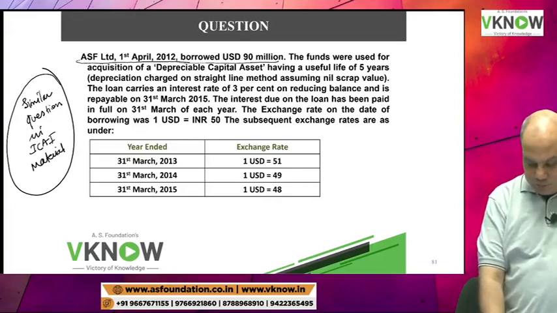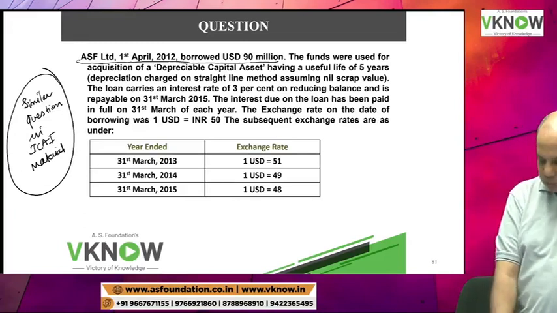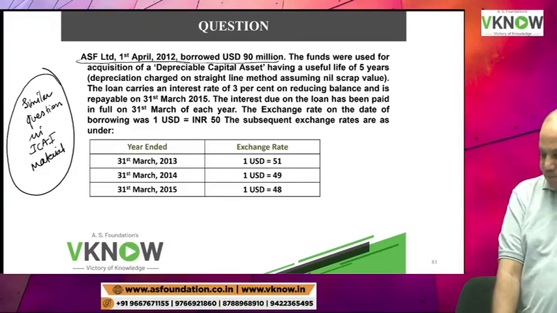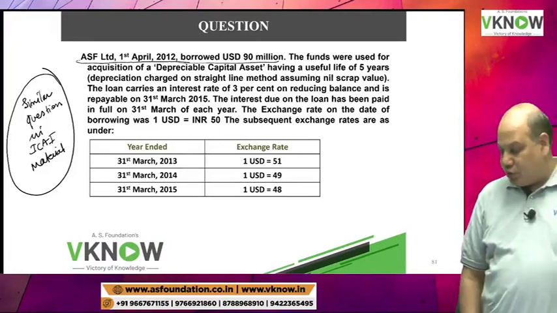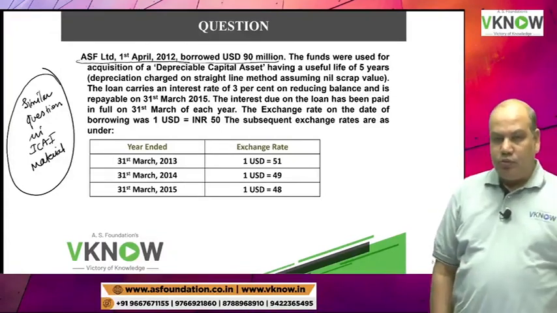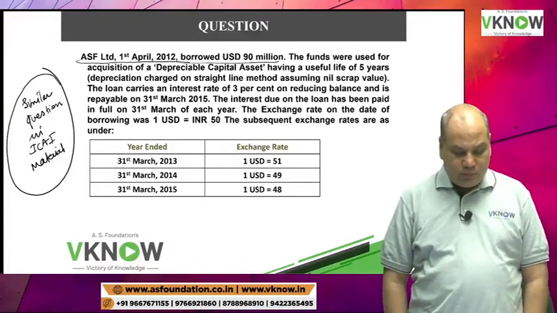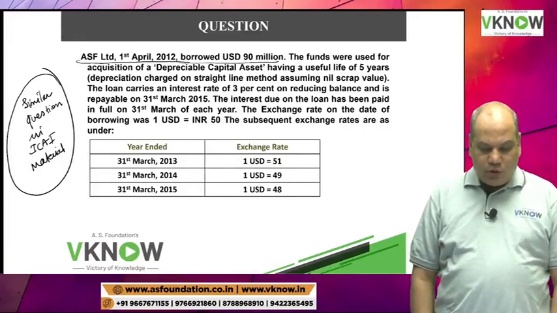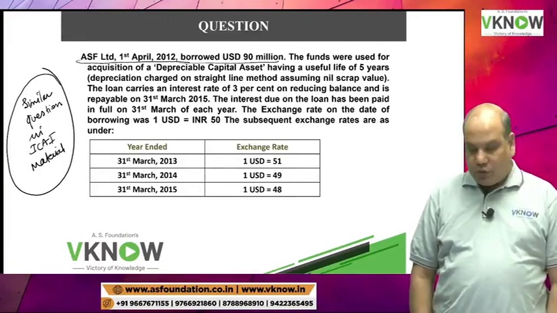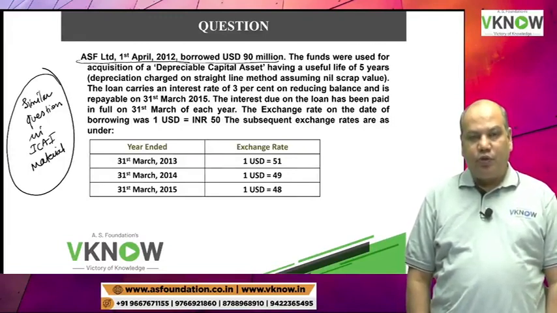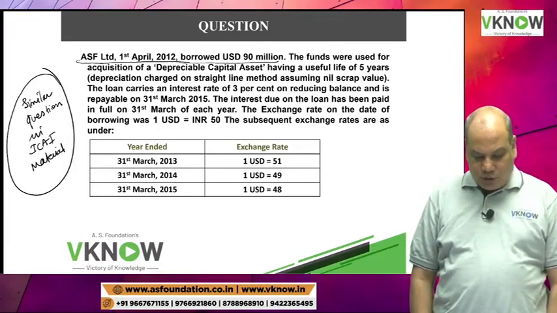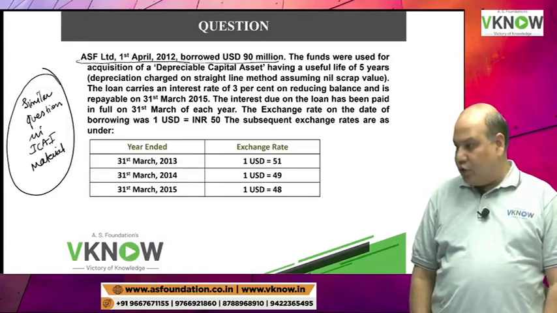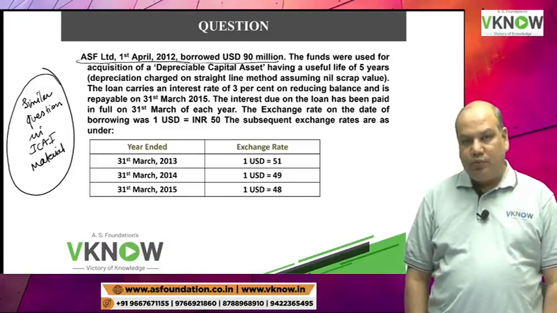Year ended 31st March 2013, exchange rate 1 USD equal to rupees 51. 31st March 2014, 1 USD equal to rupees 49.